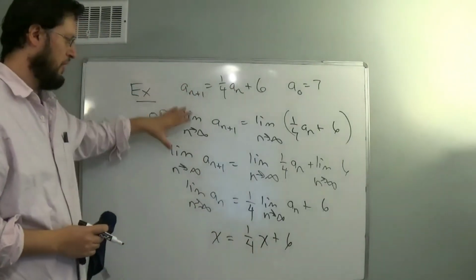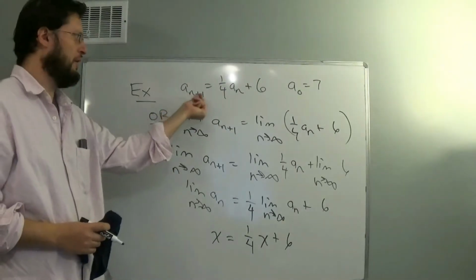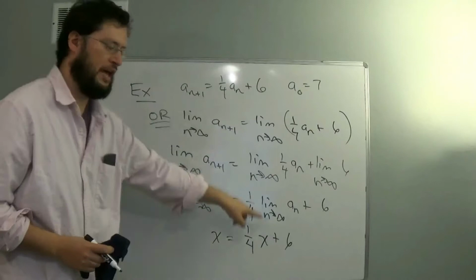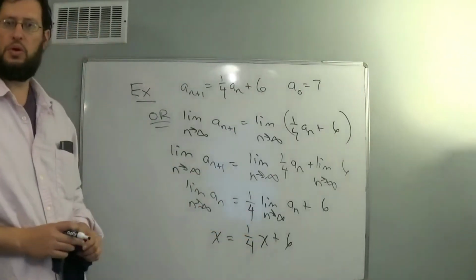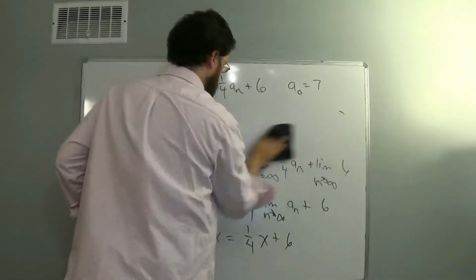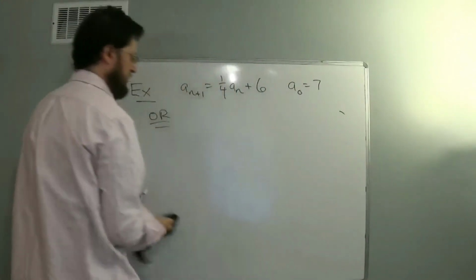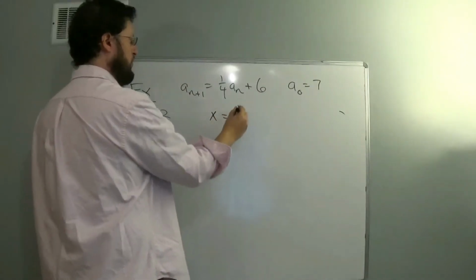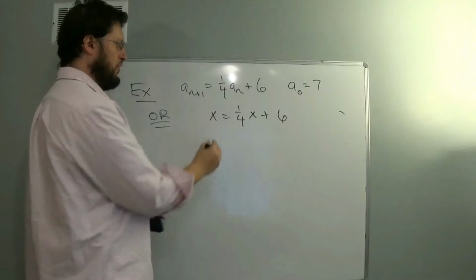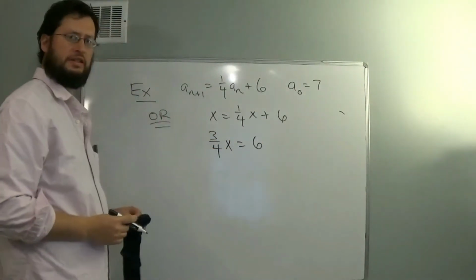So if you want to skip all of this writing of the limit, really all that we did was we thought about a_(n+1) as being the same as a_n, and the limit becomes x, and we have x is equal to 1/4 x plus 6. If we solve for x, we bring the 1/4 over, that becomes 3/4 x is equal to 6.